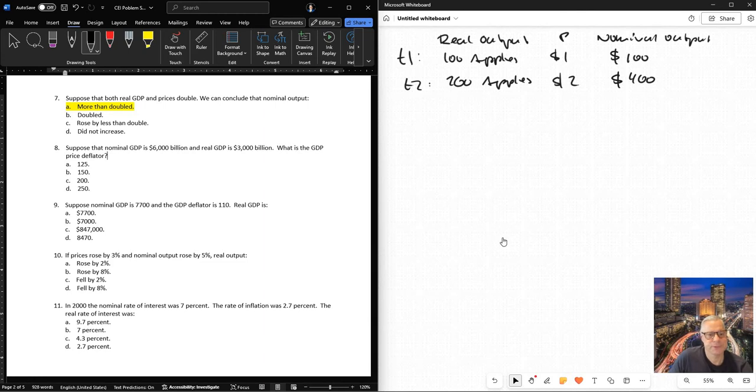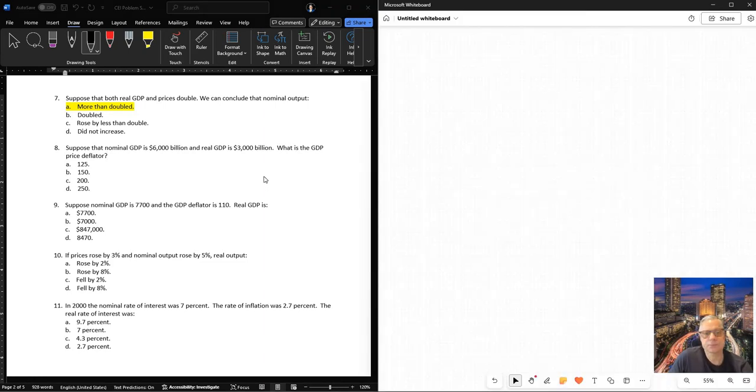Okay, suppose that nominal GDP is 6,000 billion and real GDP is 3,000 billion. What is the GDP price deflator? Okay, so we know that the GDP deflator is defined as nominal GDP, which captures all the inflation, over real GDP, which does not capture inflation, as it is all with reference to the base year prices.